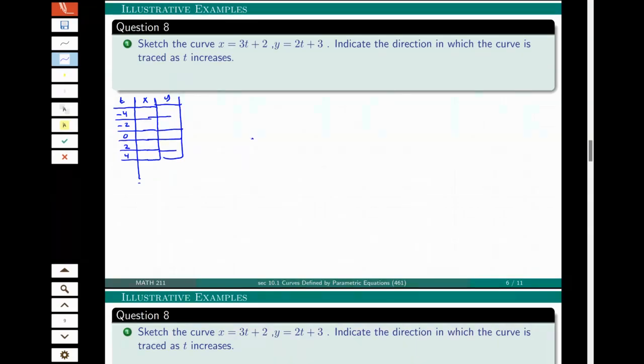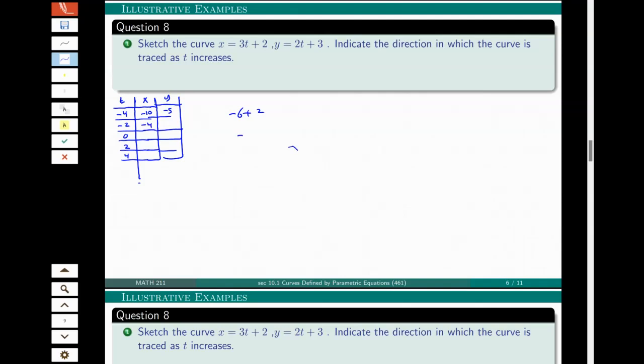So if I select t as minus 4, we will get minus 12 plus 2, which is minus 10. And here it will be 2 times minus 4 is minus 8 plus 3, which is minus 5. Minus 2, I'll get minus 6 plus 2, which is minus 4.